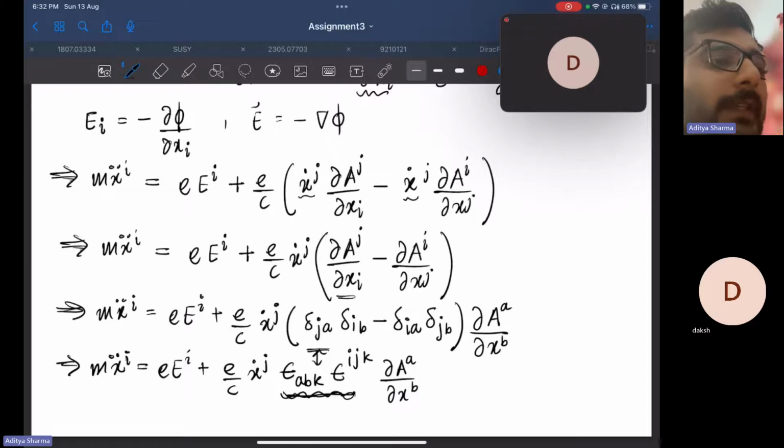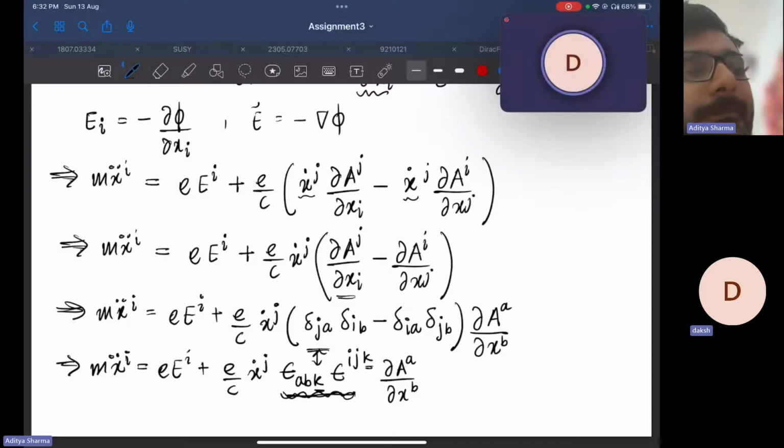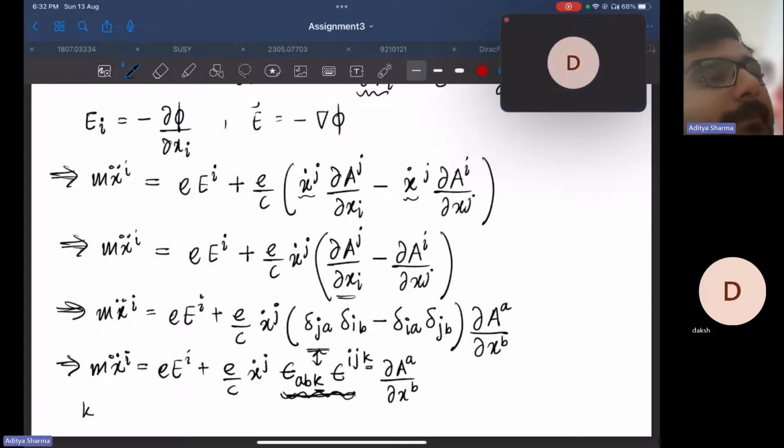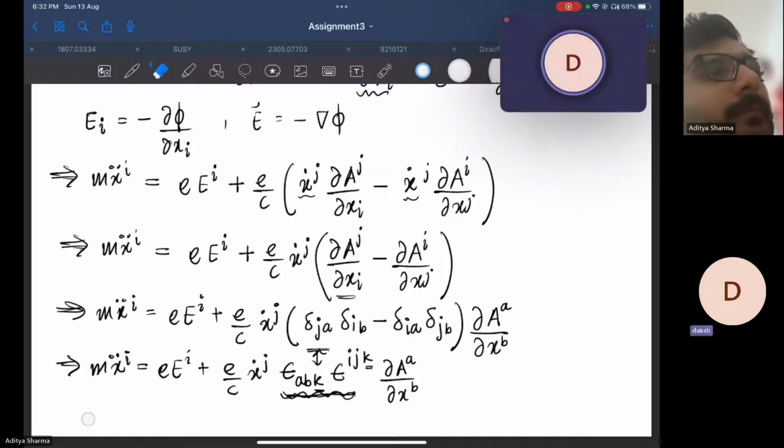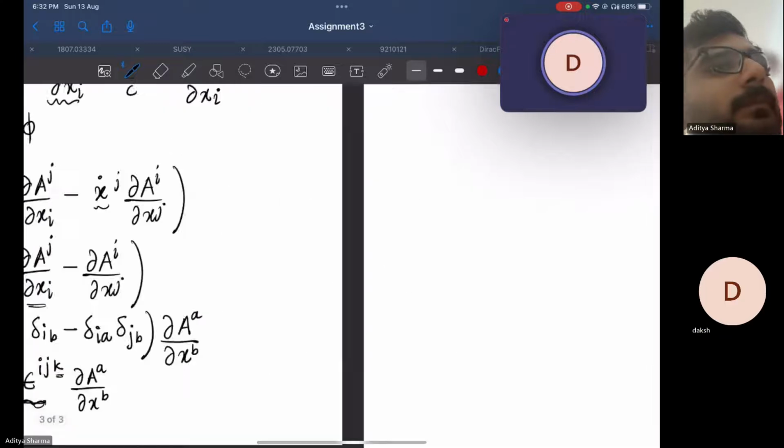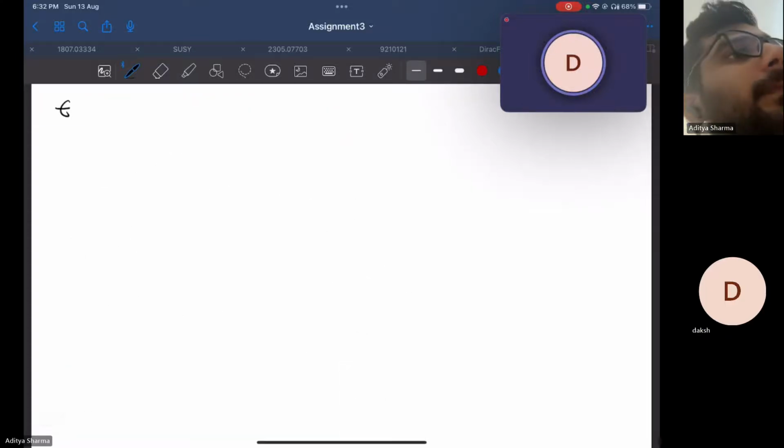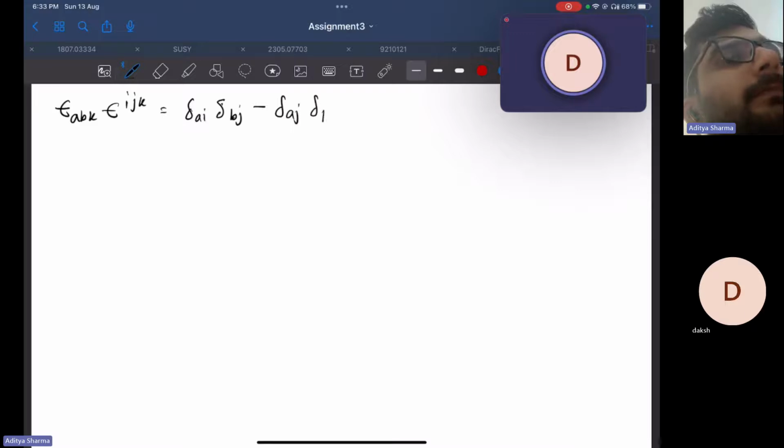So fix a k. Suppose k is 3. Pick epsilon A B K, epsilon I J K. We are going to derive delta A I delta B J minus delta A J delta B I. Just pick k is 3.